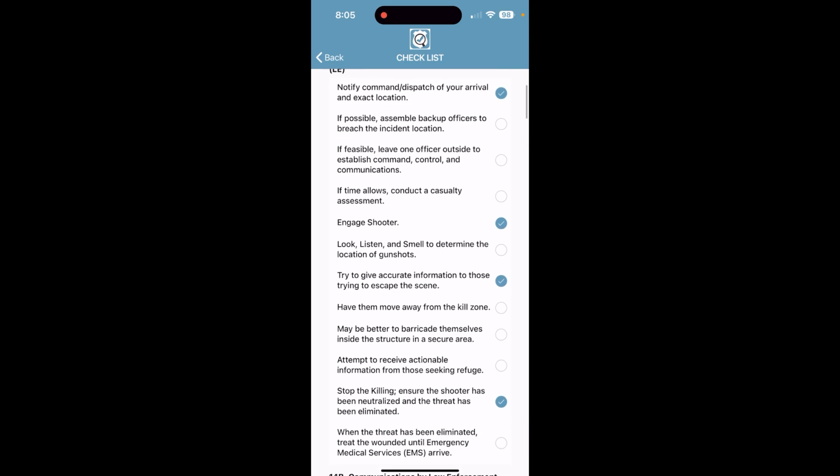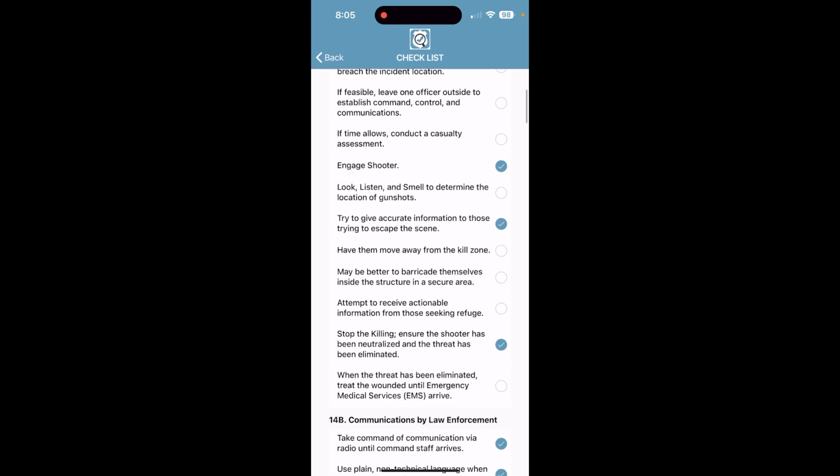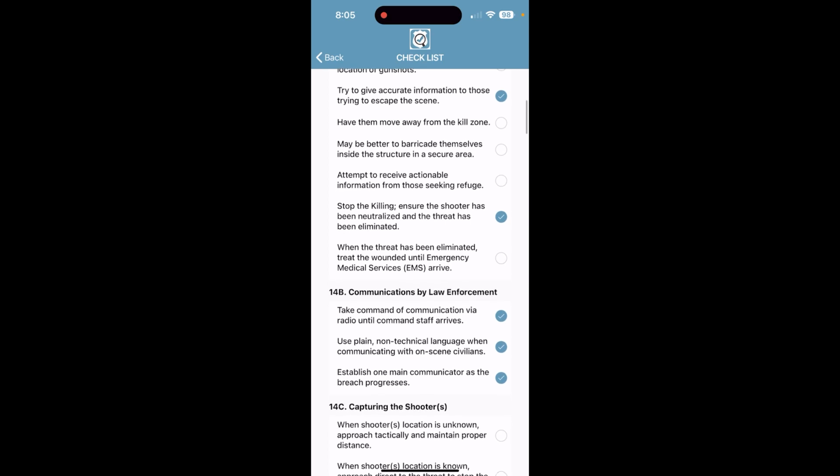You need to consider giving accurate information to those who are looking for refuge, students, members of the public, if it's a mall environment or whatever it might be, to get them away from the kill zone and possibly barricade themselves in a secure structure. So the key is stop the killing, ensure that the shooter has been neutralized and the threat has been eliminated.